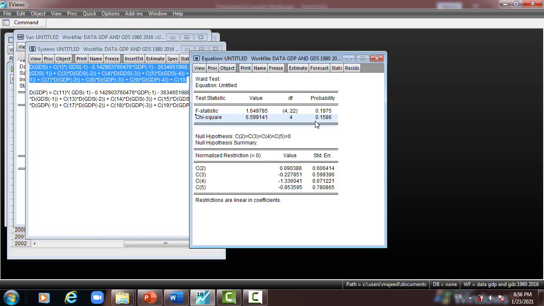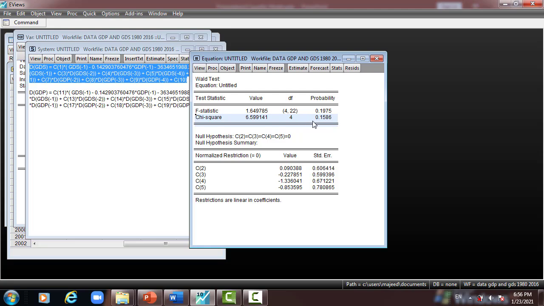The other part here, we can discuss the diagnostics of the model and its specification or efficiency. There are things we have to check. The model should not have serial correlation, should not have ARCH effect, should not have heteroscedasticity, and the residual of the model should be normally distributed.